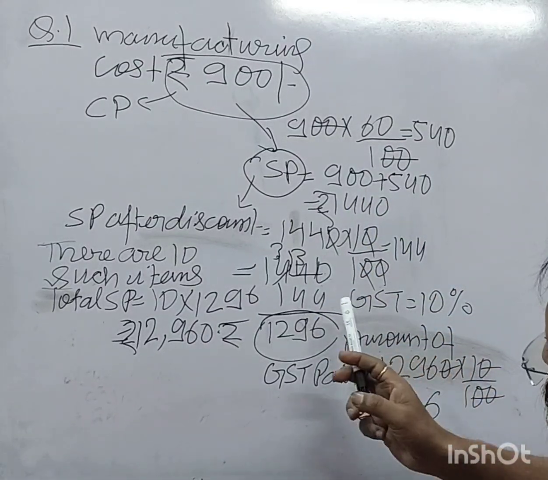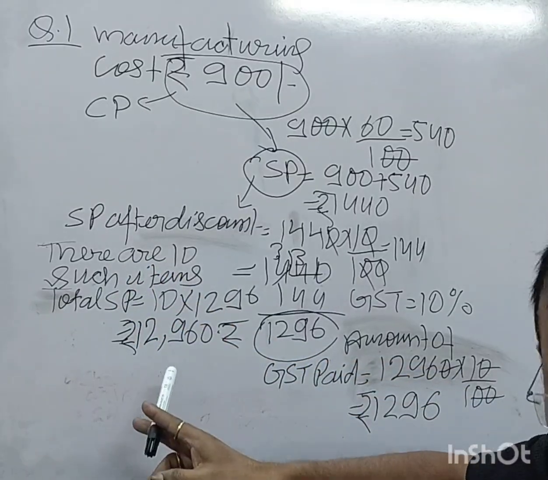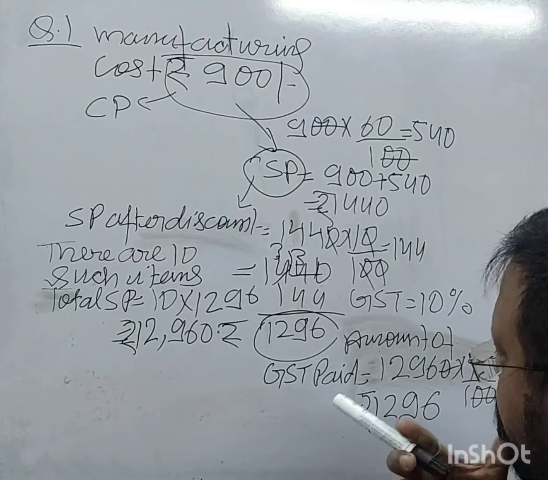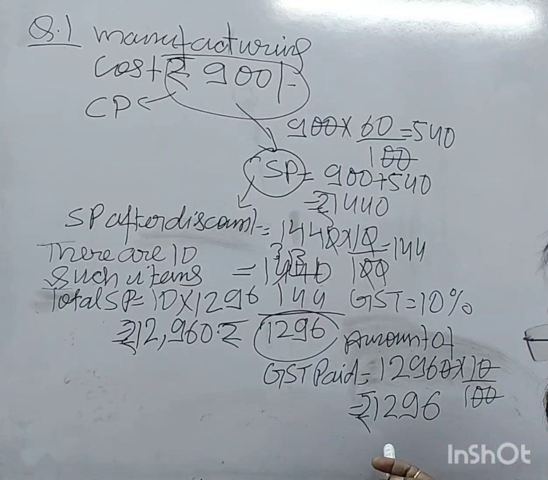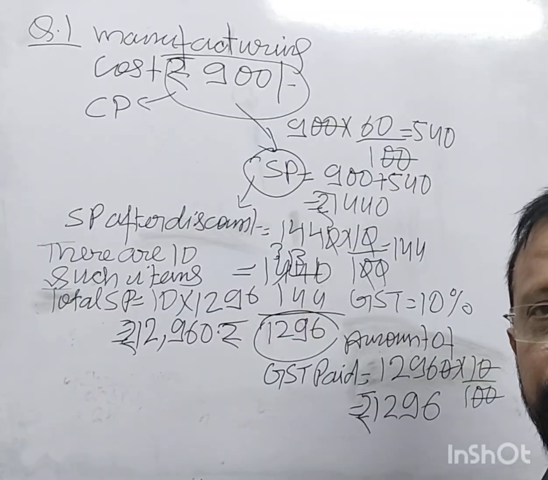Then he purchased 10 such items, so cost is 12,960, and then GST is at the rate of 10%. It is 1,296 rupees he paid in all. Right?